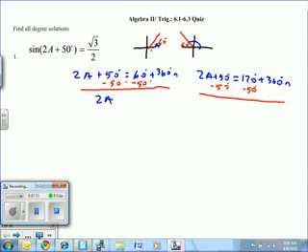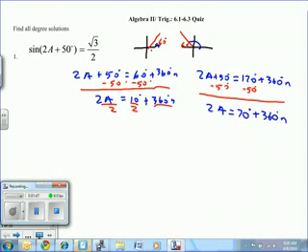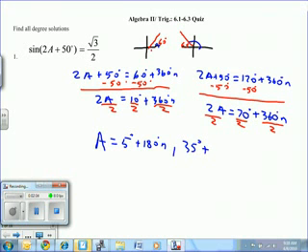And you get 2a equals 10 degrees plus 360n, and over here you're going to get 2a equals 70 degrees plus 360n. And then the last thing you have to do is what? Yeah, divide everything by 2. And so you end up with a equals 5 degrees plus 180n, and 35 degrees plus 180n.